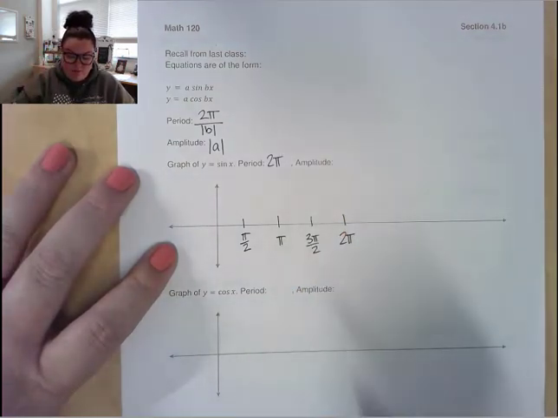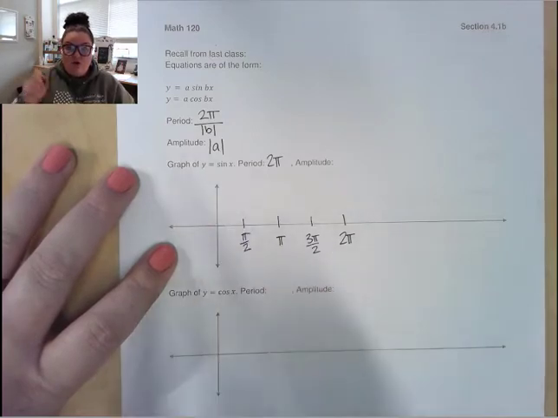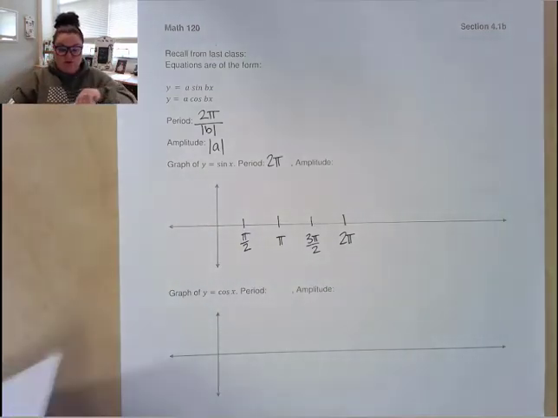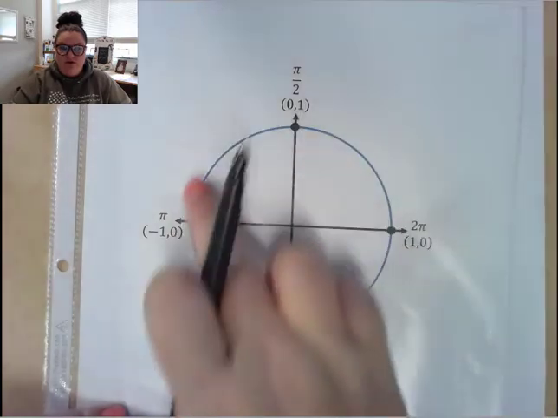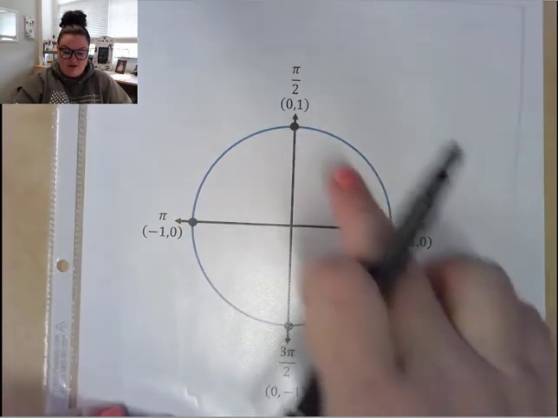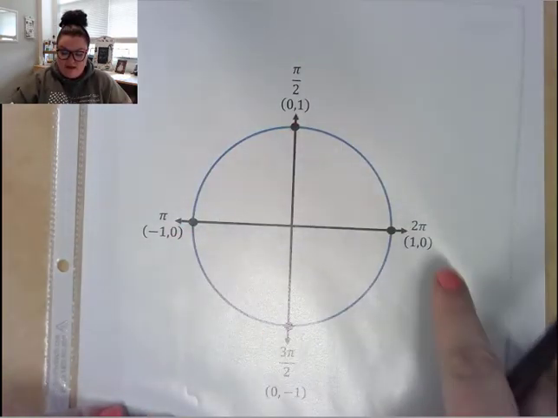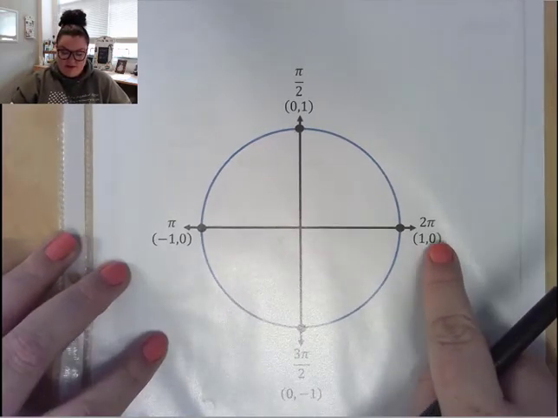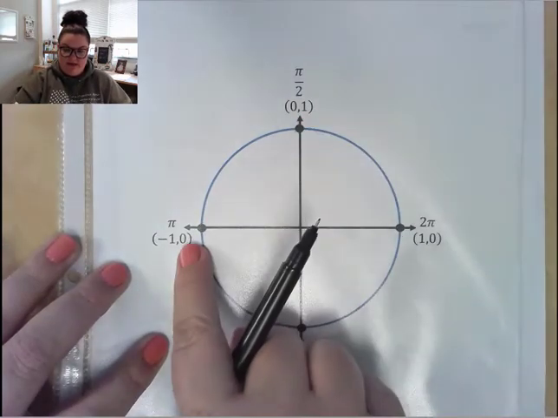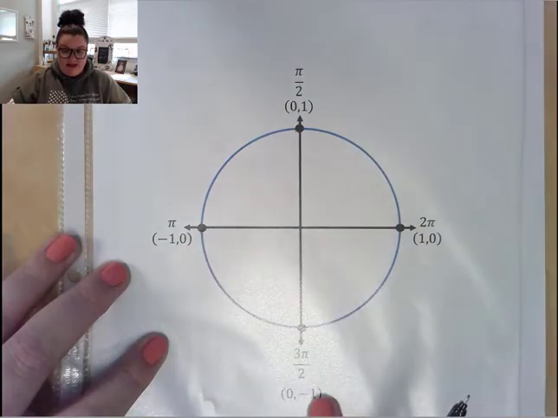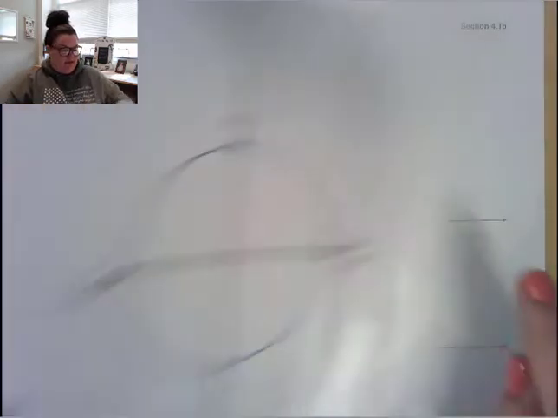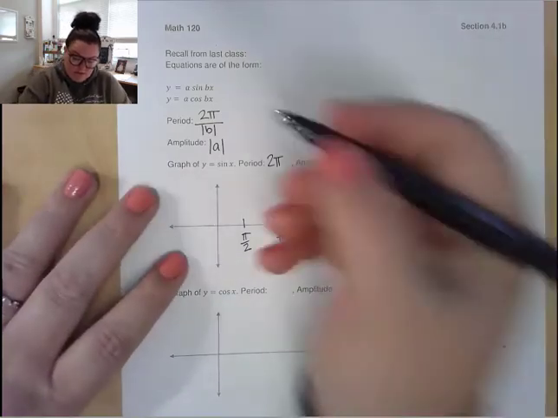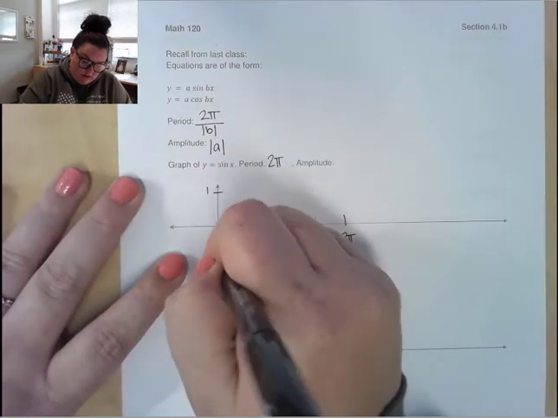Okay, so remember when we do the sine, we're going around the unit circle to the quadrantal angles, and we're looking at their y values. So for y, we start at 0, we go up to 1, down to 0, down to -1, and then back up to 0. So here's our 1, here's our -1.